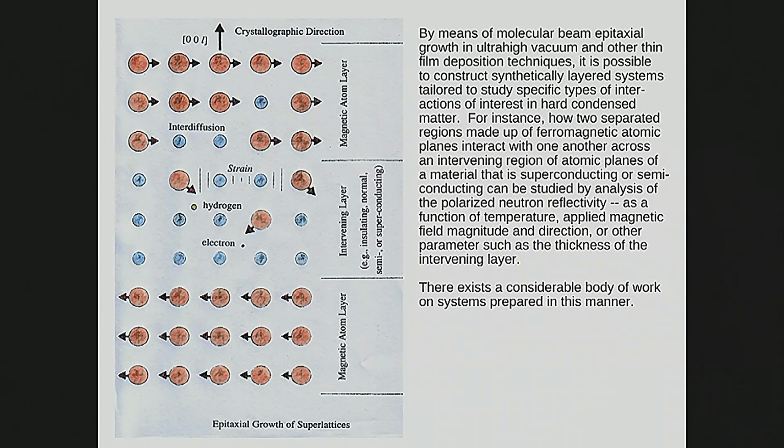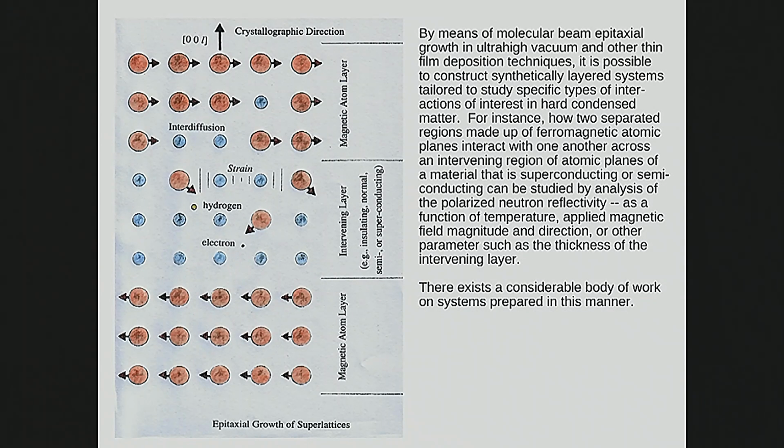Now, you can take a magnetic layer, let's say this is a ferromagnetic slab of 3 atomic planes, and there's another one up here, and you can interleave between these 2 sets of atomic planes some other material that's non-magnetic, a different type of magnetic, semiconducting, superconducting, insulating, metallic, whatever you want.